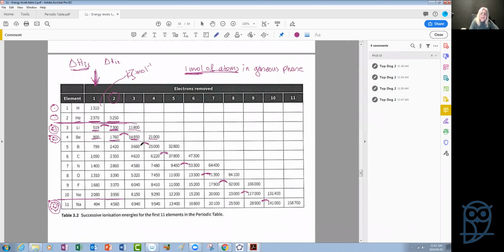So all the big energy jumps that we see along each row here in the table correspond to a change in energy level. We get to inner energy levels here, and that is why the energy required suddenly increases manifold.